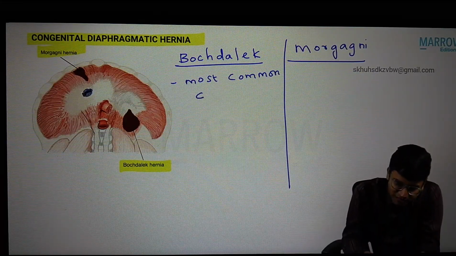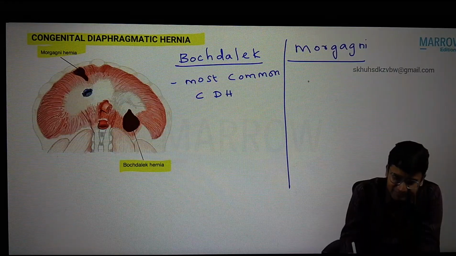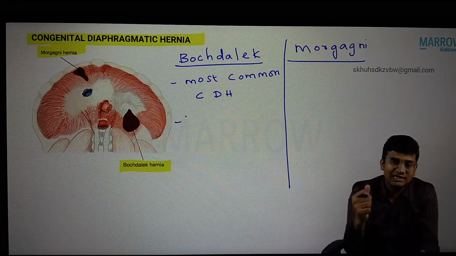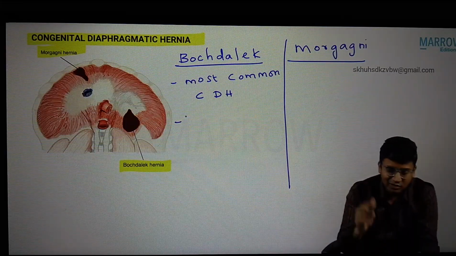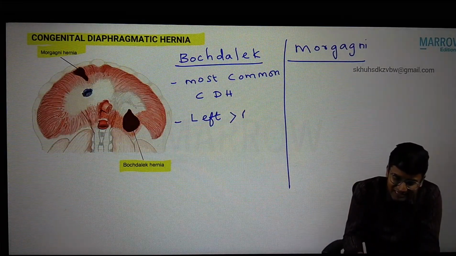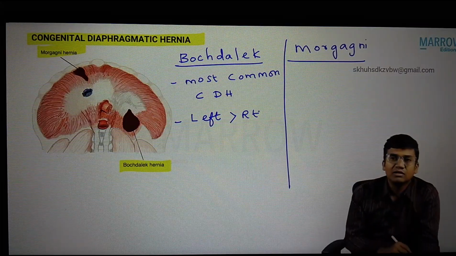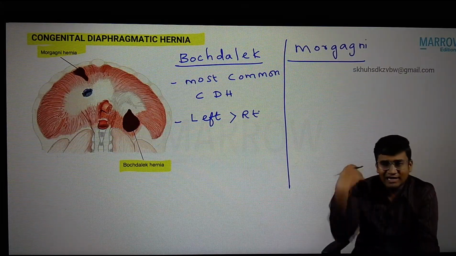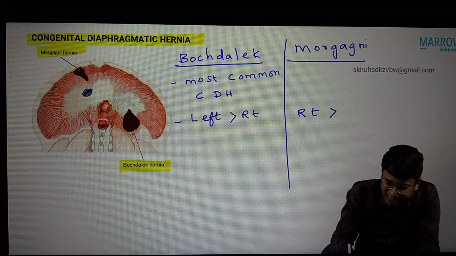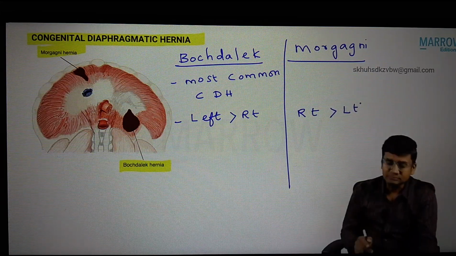It occurs on both the right side and left side, but is most commonly seen on the left side, greater than right side. Whereas Morgagni hernia again occurs on both sides, but is most commonly seen on the right side, greater than left side.